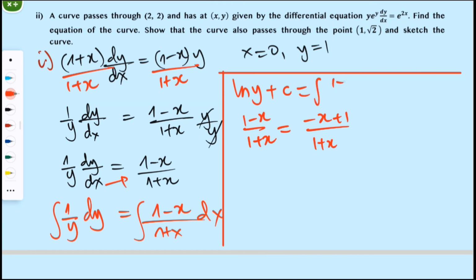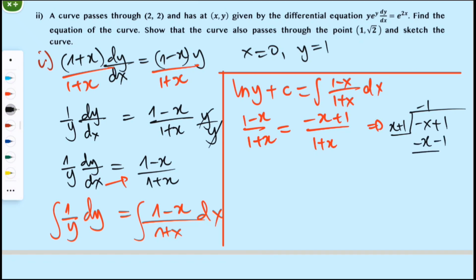Okay, let's put the integral here so that we don't forget that we have not integrated it yet. Using long division, this would be negative x plus 1 divided by x plus 1. So x divided by negative x is negative 1. Then we have negative x minus 1, and then we subtract to get 0.